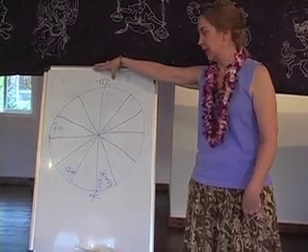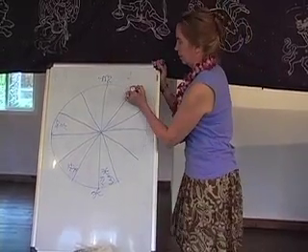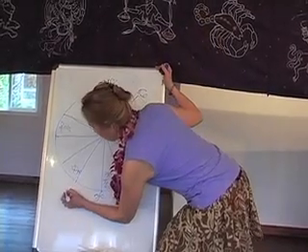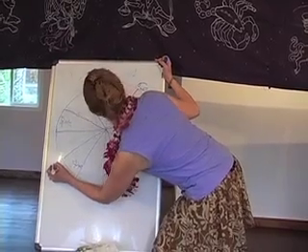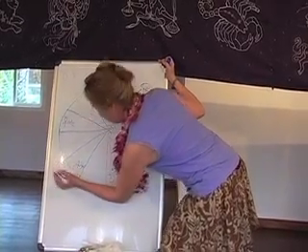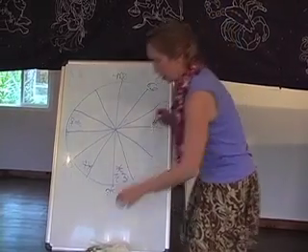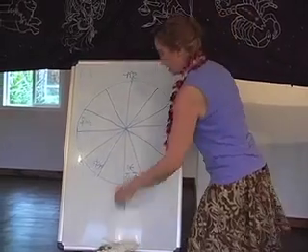Where is the sign Cancer? Where is the sign Capricorn? Planets in the 4th house, planets in the 10th house.